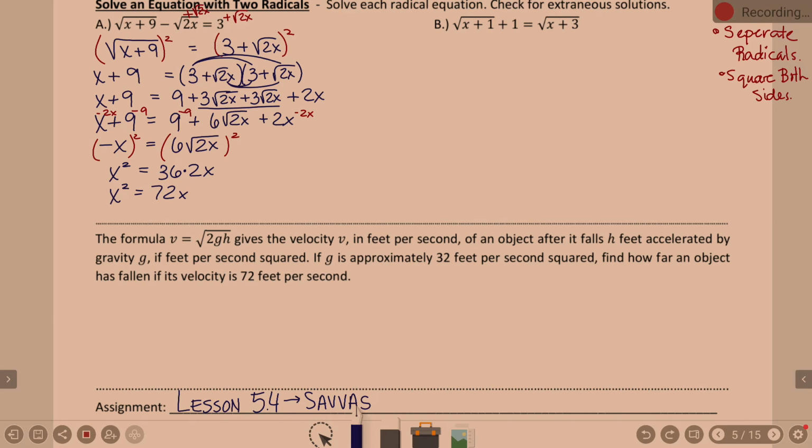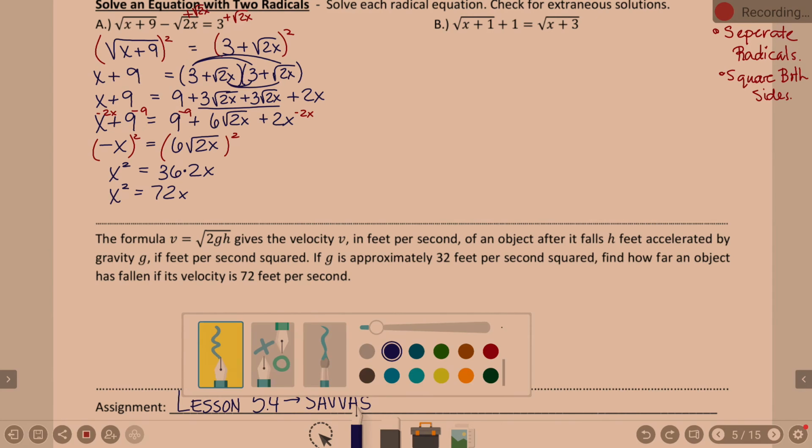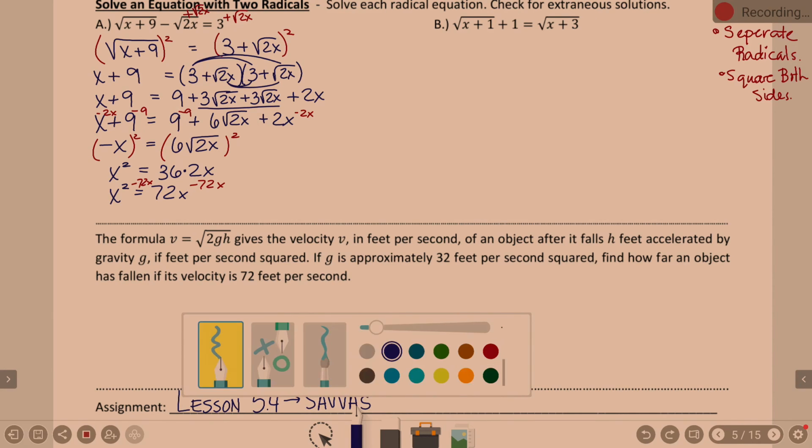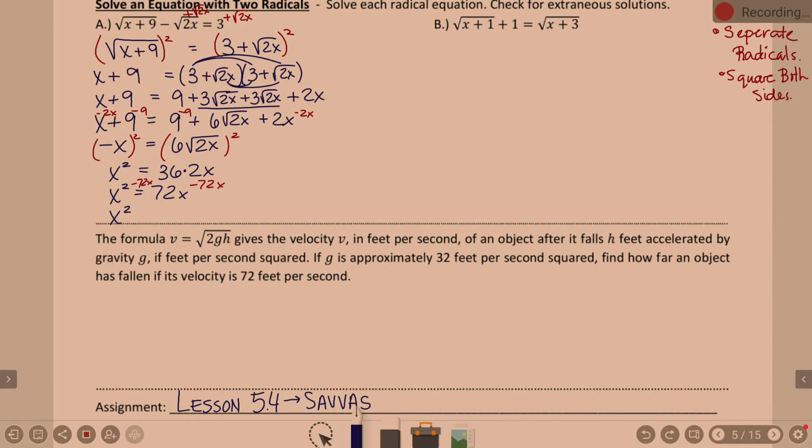So, make this equation equal to 0 for me. So minus 72x. When you have an x squared and an x term, we're going to make it equal to 0. So I'm going to have x squared minus 72x equals 0, correct?